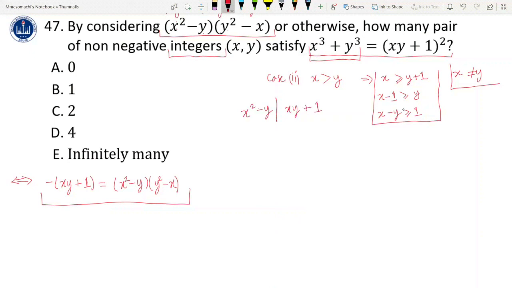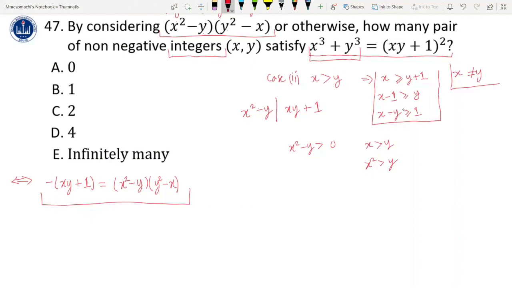Since x squared minus y is greater than or equal to 0 by virtue of the case we are considering, because if x is greater than y, that means x squared is greater than y, so x squared minus y is greater than 0.